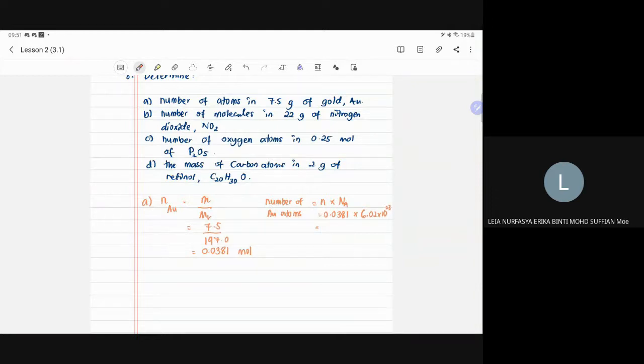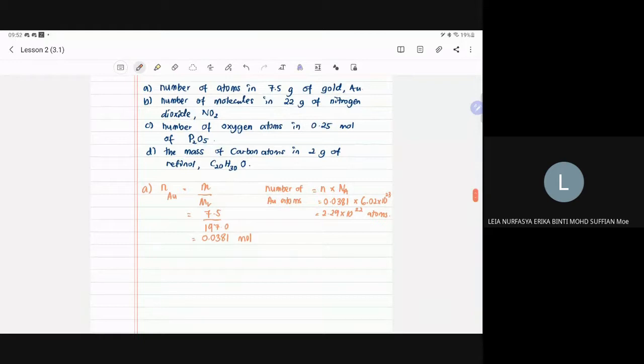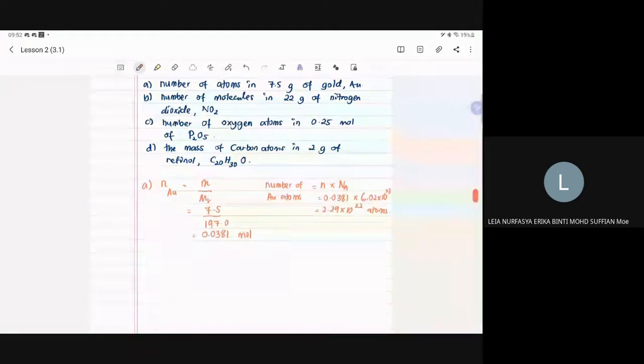We should get 2.29 times 10 to the power of 22 atoms. Tak letak perkataan atoms pun tak apa sebab dia bilangan. Untuk bilangan tak letak unit tiada masalah. Okay, so itu untuk question A.